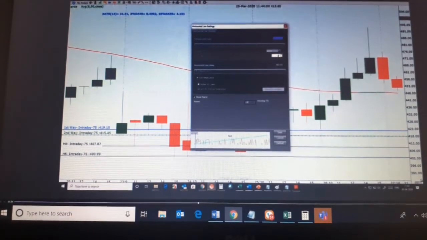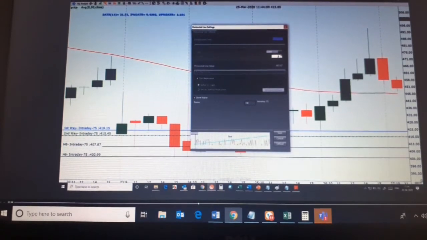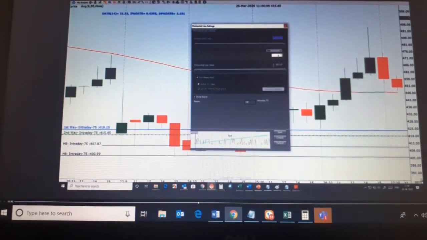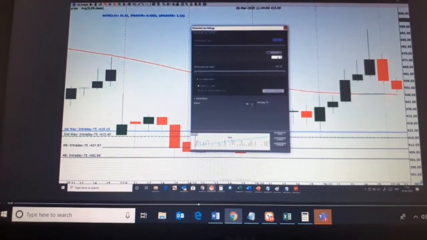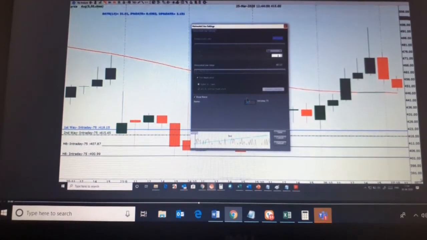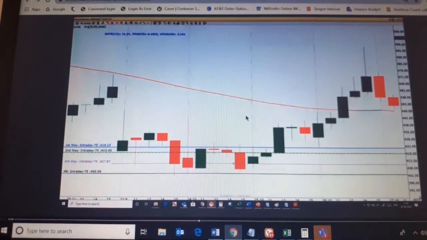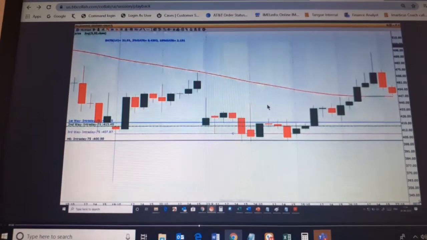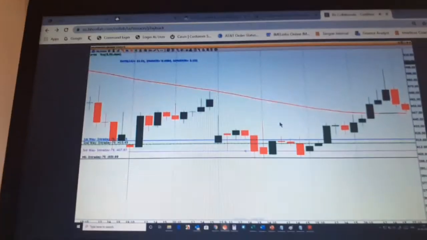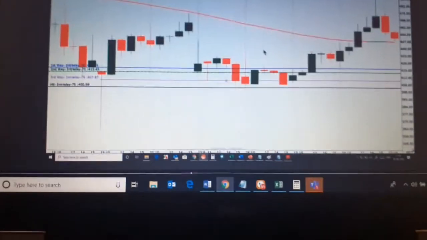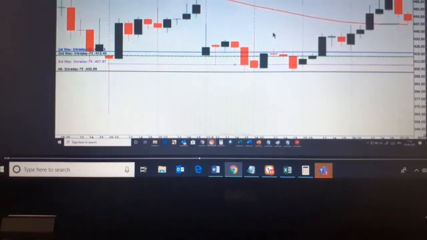Apply. I'll use another line style, a dotted line. Third way. Okay, so that's your third way of drawing your proximal line. Now I hope everything is clear.